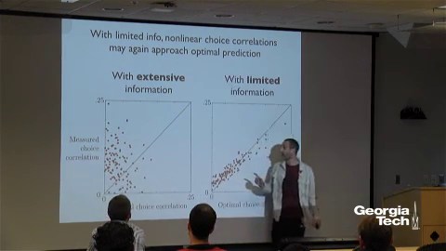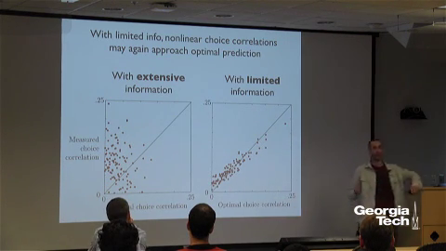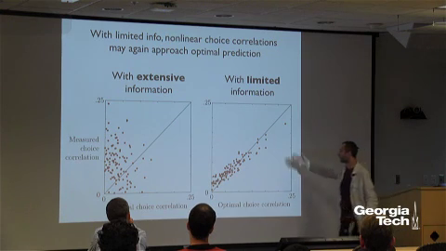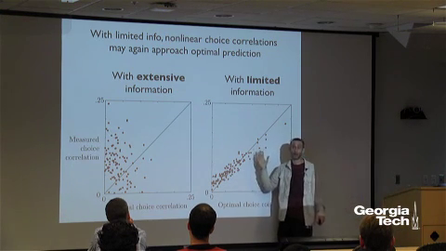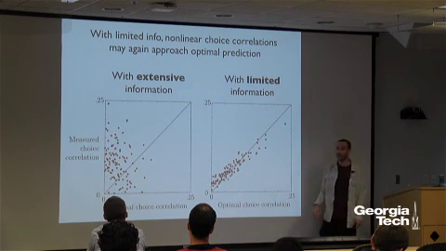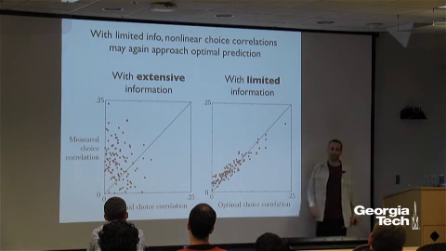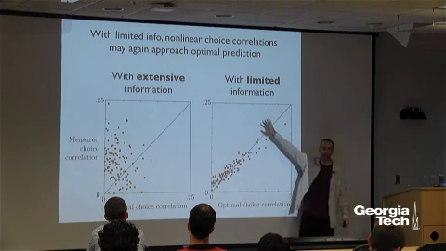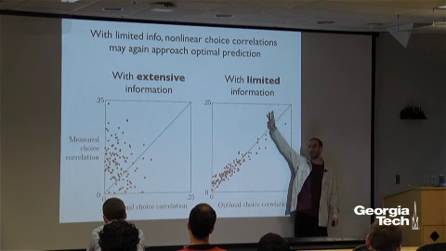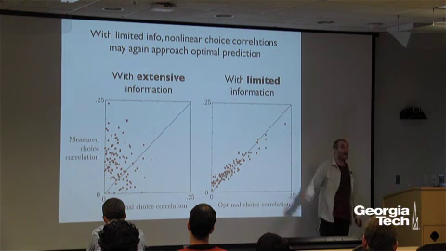But if there's bad noise, now it brings that suboptimal decoder much closer to optimal. And so here we have evidence that it's essentially near optimal decoding. And we see this kind of cluster around the identity here, where the optimal choice correlation is closely matched by the measured one. And this would happen whenever you have enough limited information, when you're redundant enough that your suboptimality is not so bad.